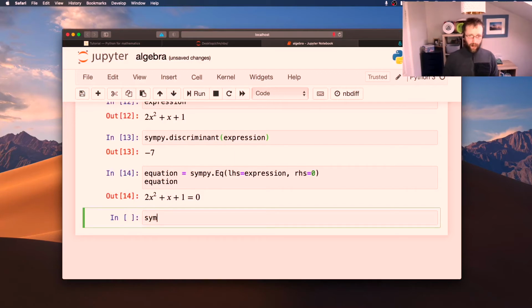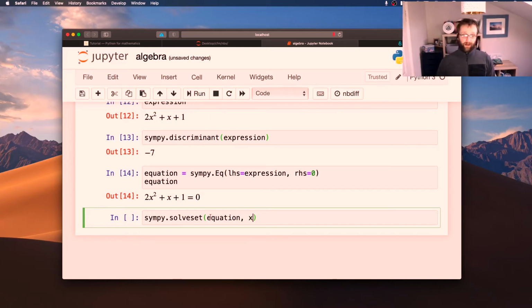And what we can do now is solve that equation. And we do that using the solveset tool inside the SymPy toolbox. And we pass it an equation, and then we can omit it, but in some equations you'll have multiple variables, so we should always say what variable we're solving for.